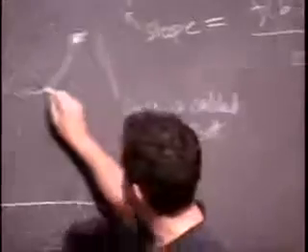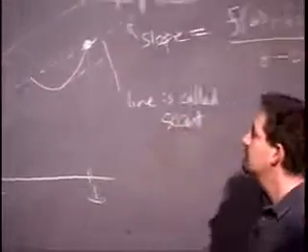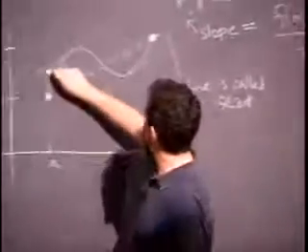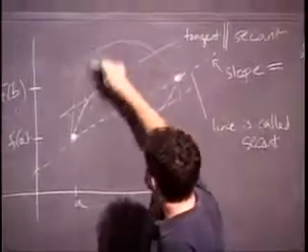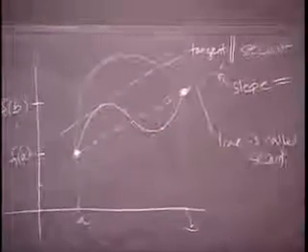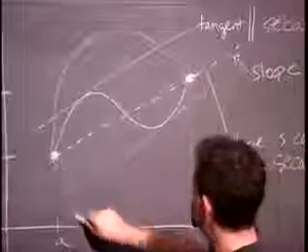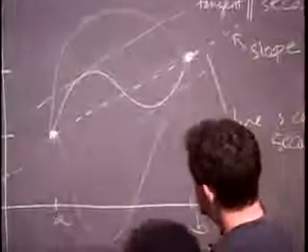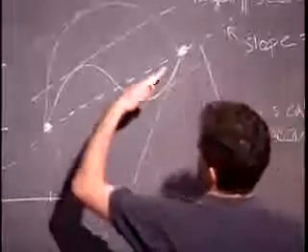Actually, in this picture, there are two. But if the curve had instead gone up and down like that, there would only be one. But there can't be zero. It has to be at least somewhere. Even if the curve does this, there's going to be some point down here whose tangent is parallel.